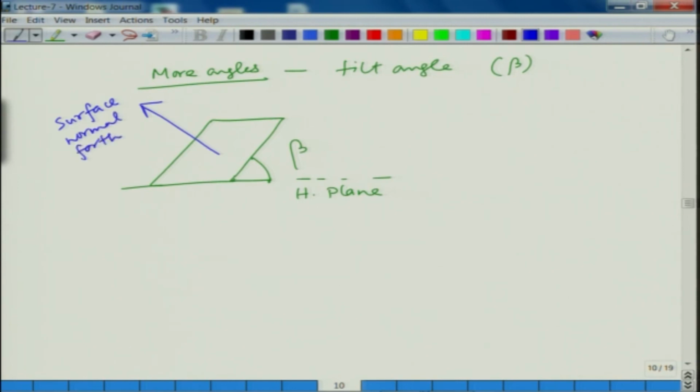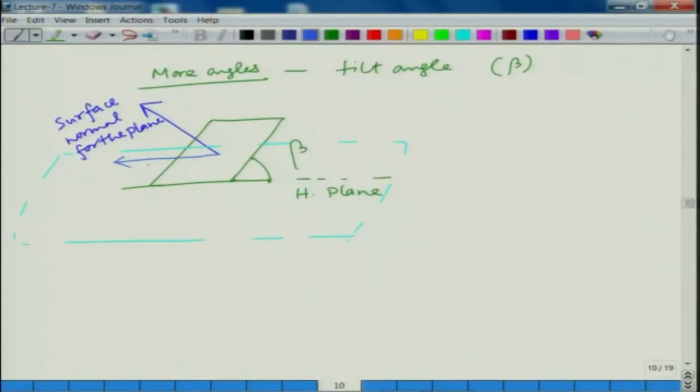for the plane, and whenever you can draw that vector, you can project it on the horizontal plane. So, suppose this is our horizontal plane, if you project this surface normal, then it will have a direction, it will have an orientation.